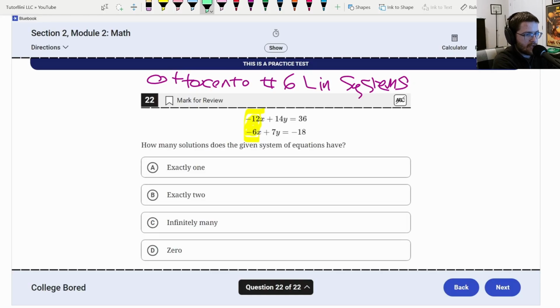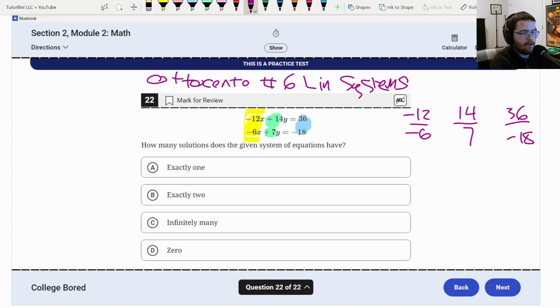Let me highlight these constants to make it easier. So ax plus by equals c, dx plus ey equals f. So negative 12 over negative 6, 14 over 7, and then 36 over negative 18.